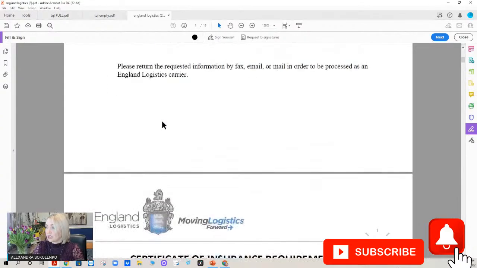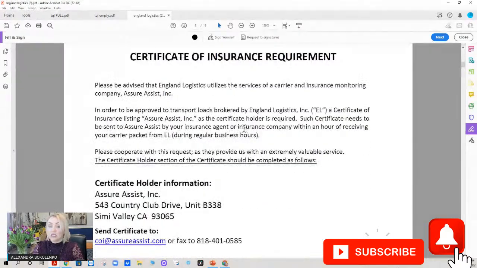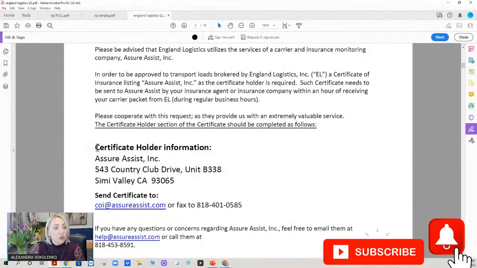So as a dispatcher, what do you have to do? You need to make sure that you put the certificate holder with who? Assure Assist. They want to make sure that you have it. So who is Assure Assist? In this case, this is a third party who collects information about carriers' insurance, and they charge England Logistics for faster verification.